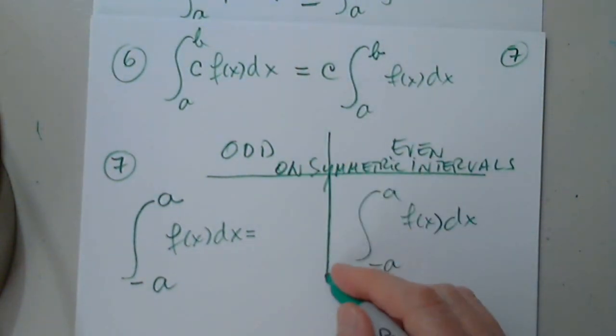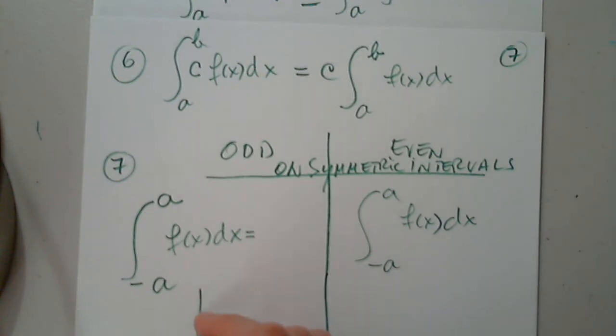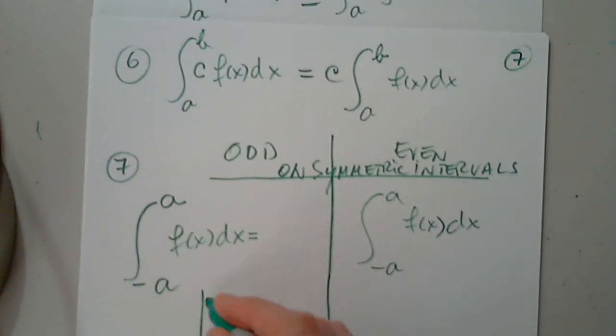For an odd function, let's picture an odd function. Here's an odd function. Here's negative a, here's positive a, here's the area in question.